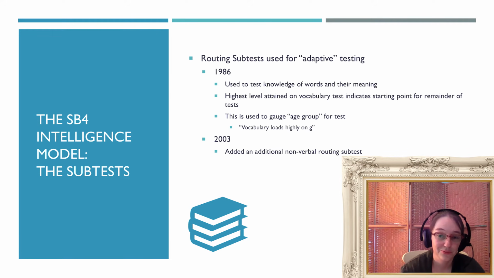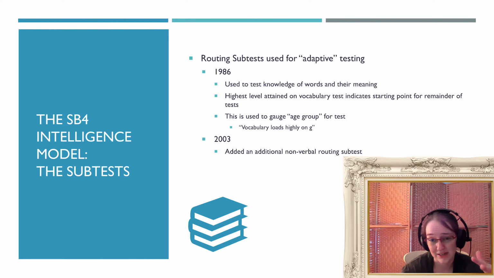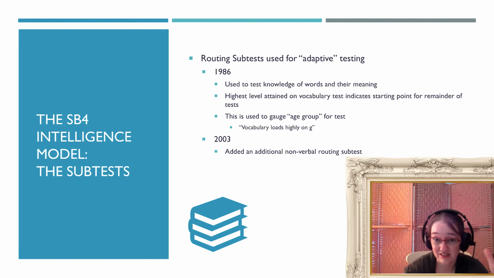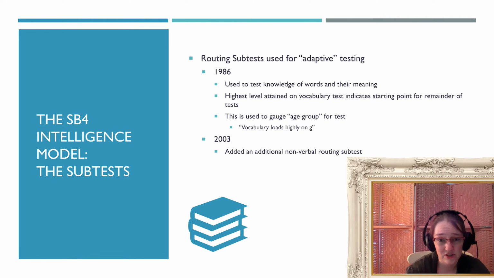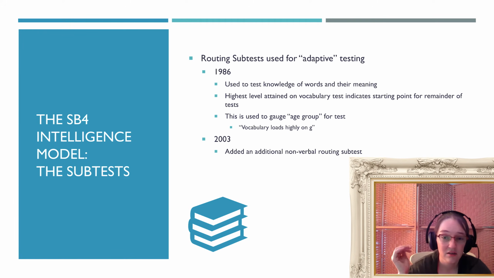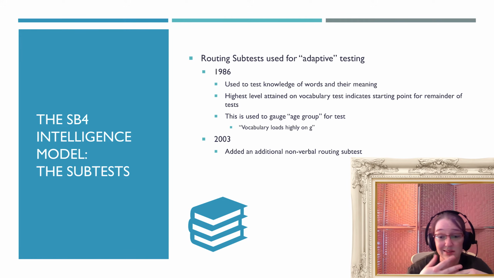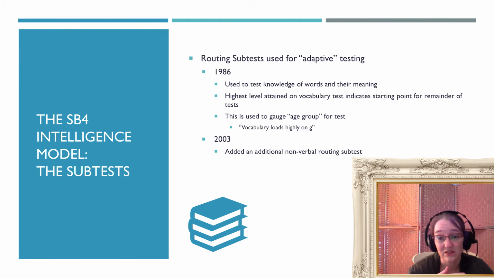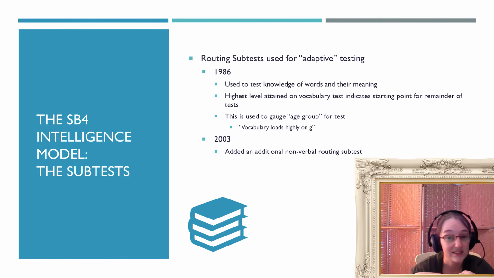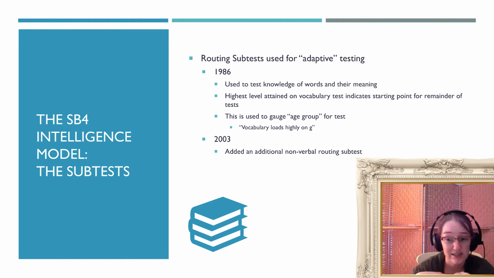The routine subtests are used for adaptive testing. The 1986 version uses a test of knowledge of words and their meaning, and the highest level you score on the vocab test indicates the starting point for the rest of the tests.